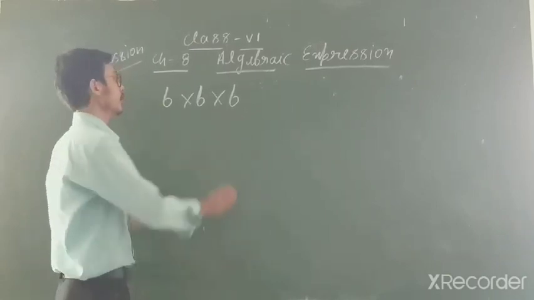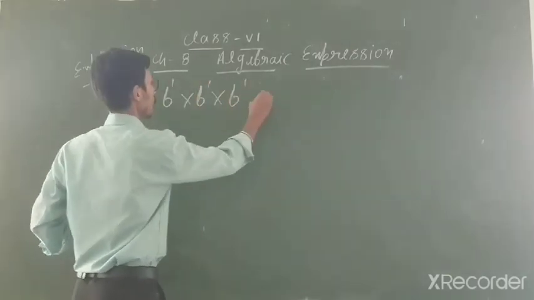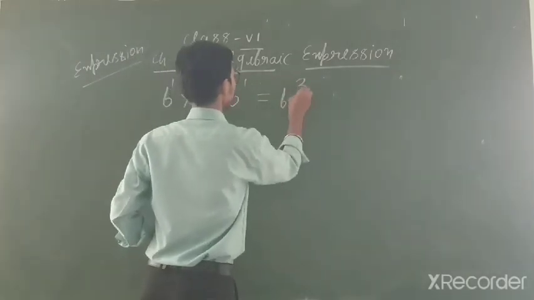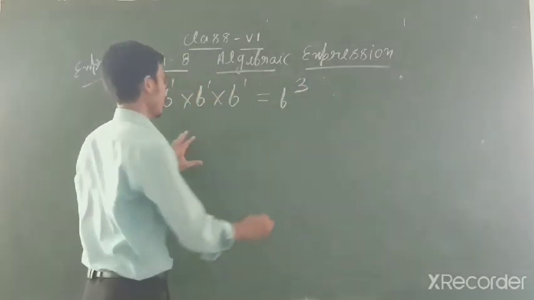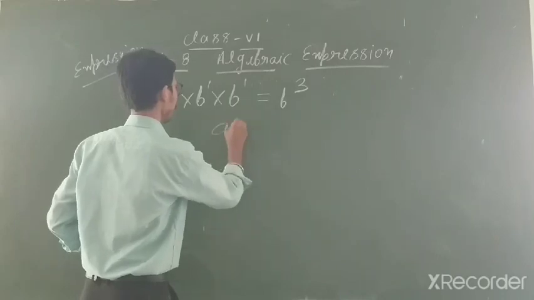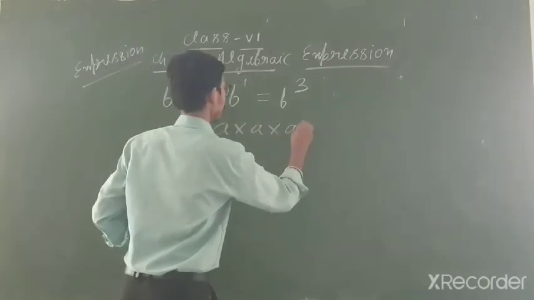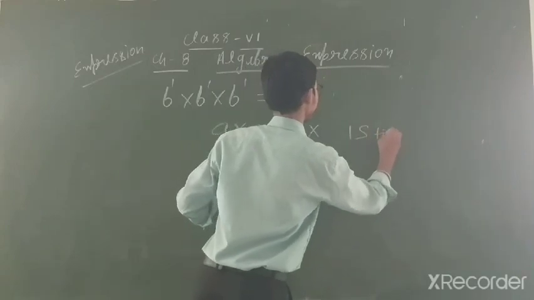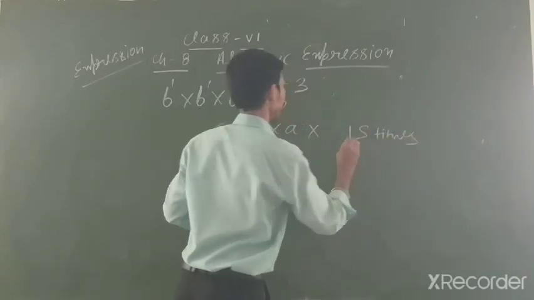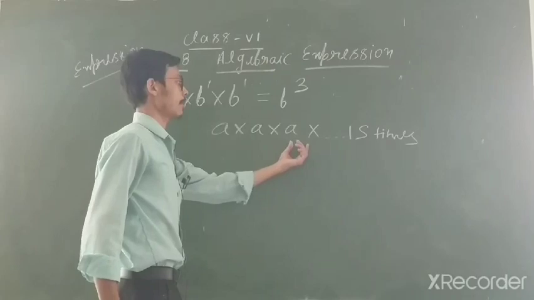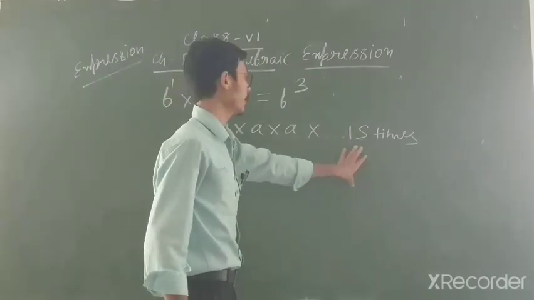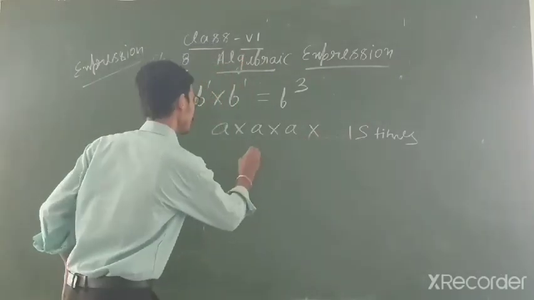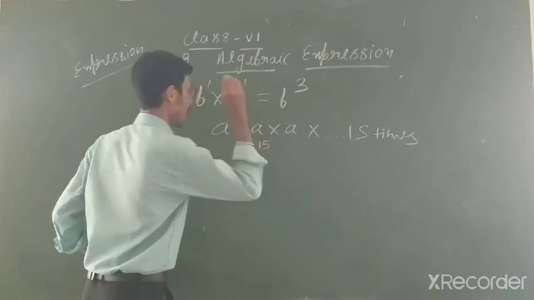So you can say sir 3 times, so you can write down b power 3, clear student? Now second, if it is written a multiplied by a multiplied by a into 15 times, clear student? It means what? It means a 15 times, clear student?